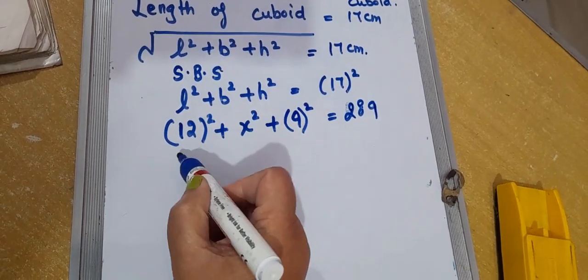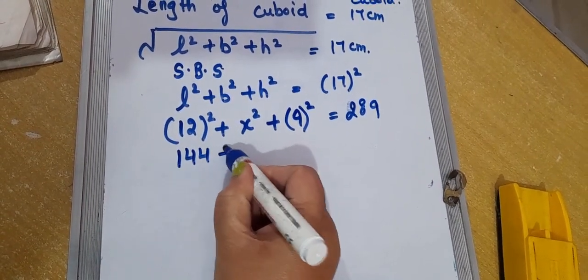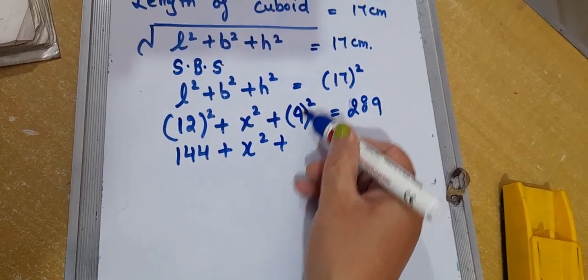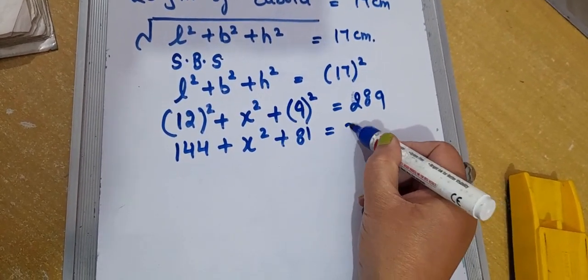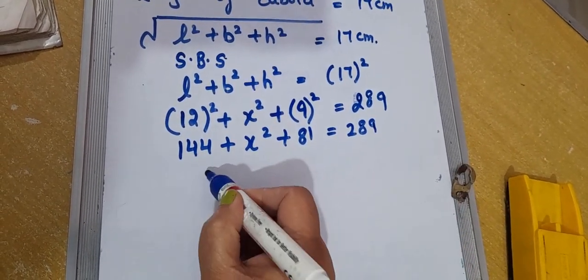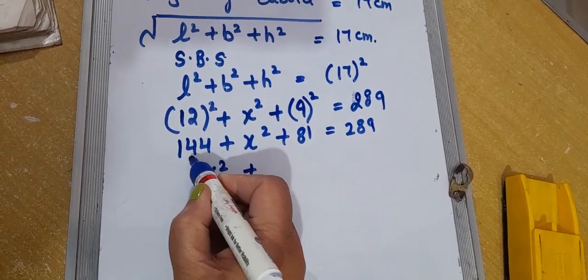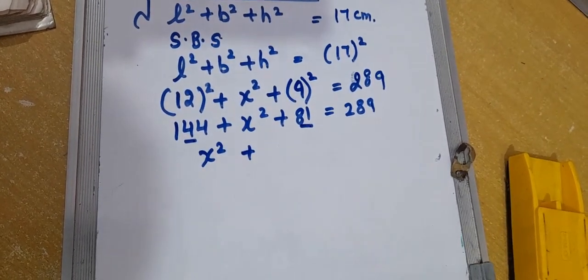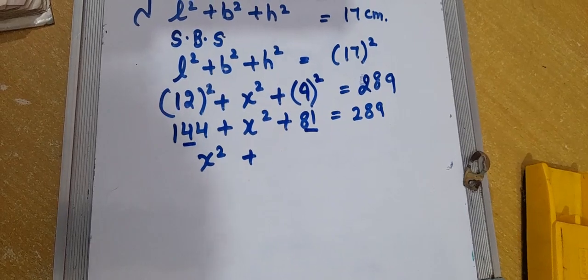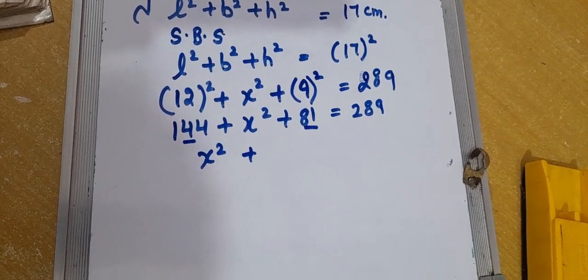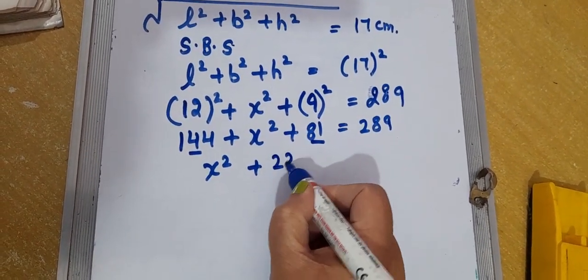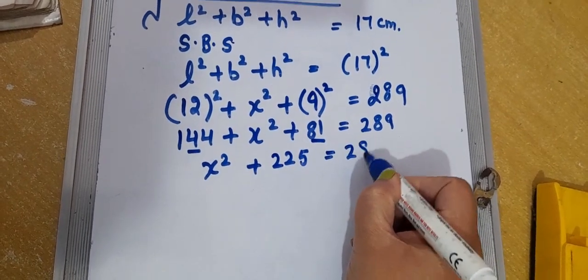Now solve this. 12 square 144 plus x square plus 81 equals 289. Add these, 144 plus 81, you get 225, so 225 plus x square equals 289.